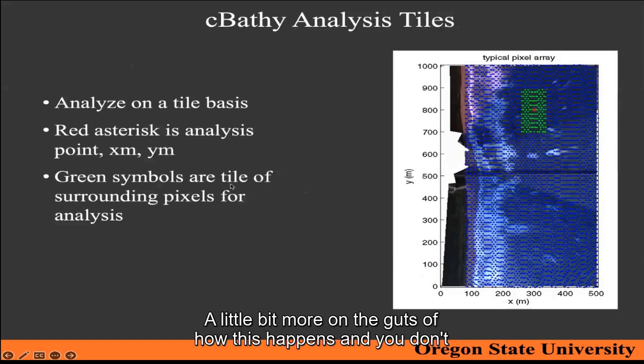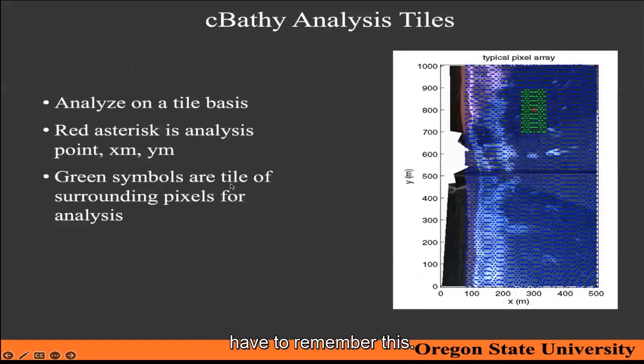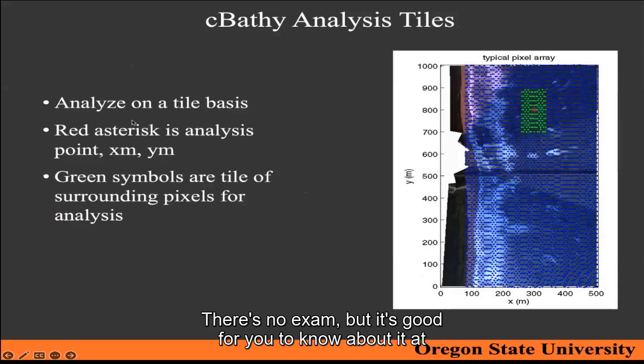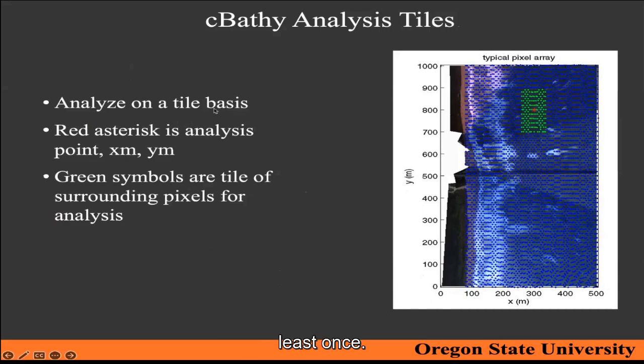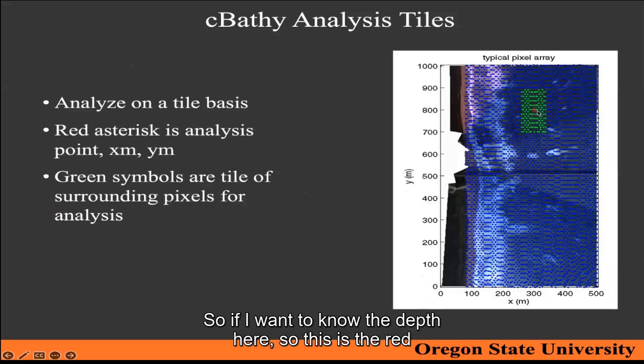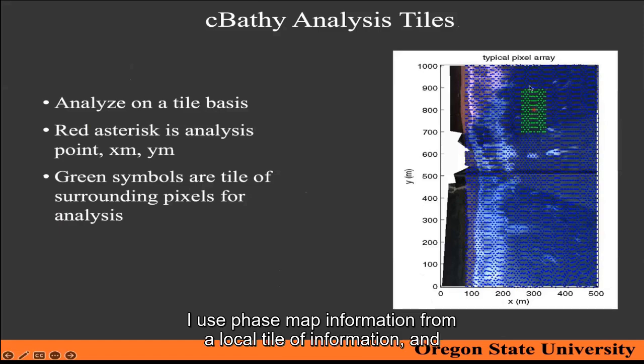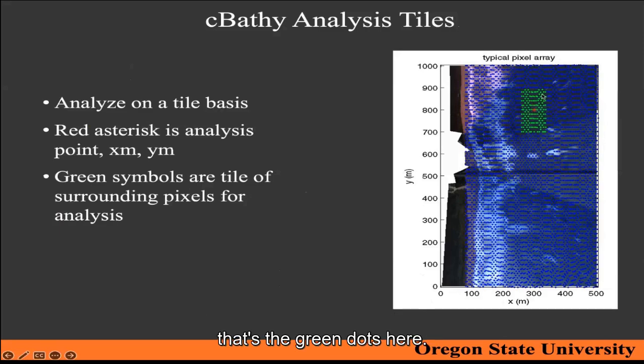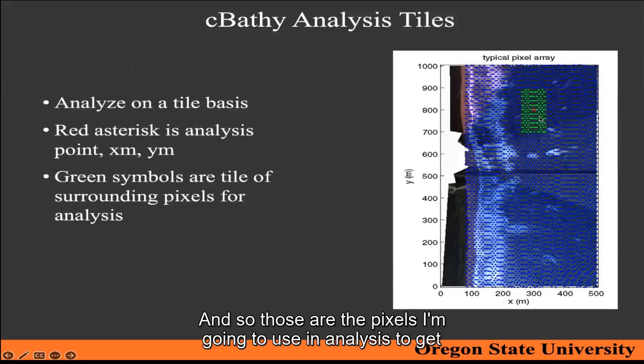A little bit more on the guts of how this happens. You don't have to remember this, there's no exam, but it's good for you to know about it at least once. The analysis is done on a tile by tile basis. So if I want to know the depth here, at the red asterisk, I use phase map information from a local tile of information, and that's the green dots here.